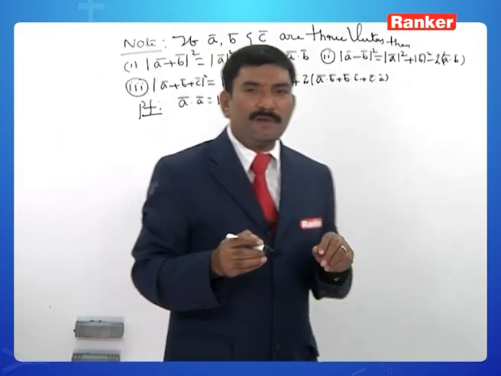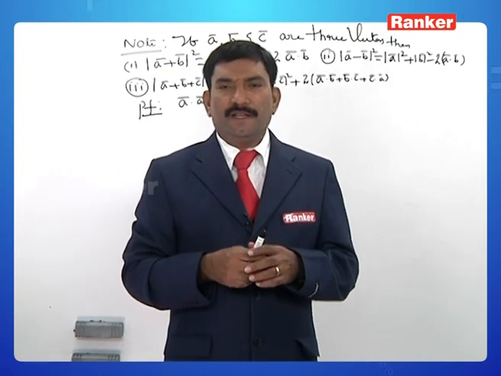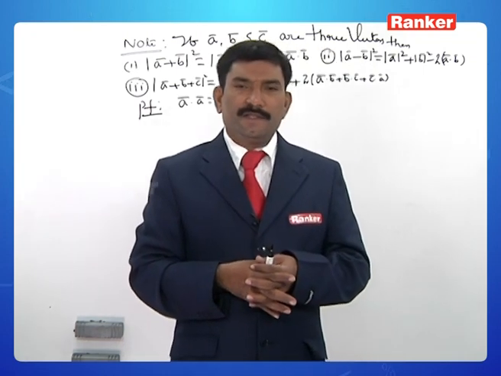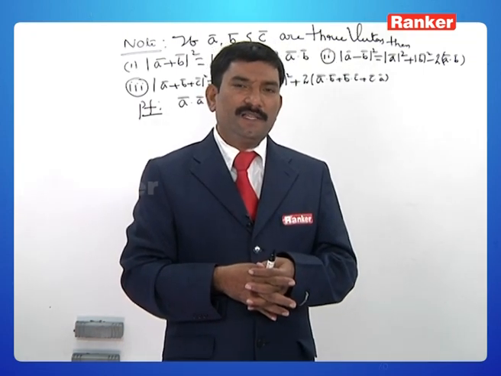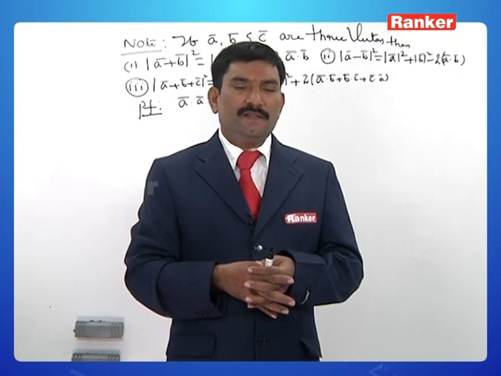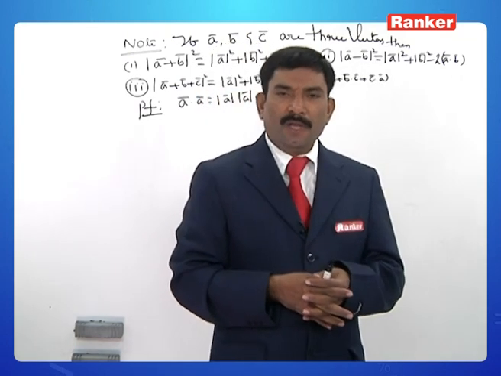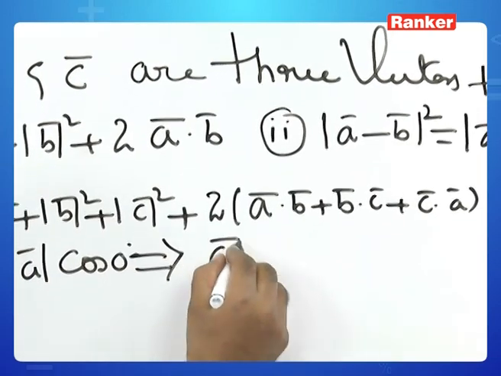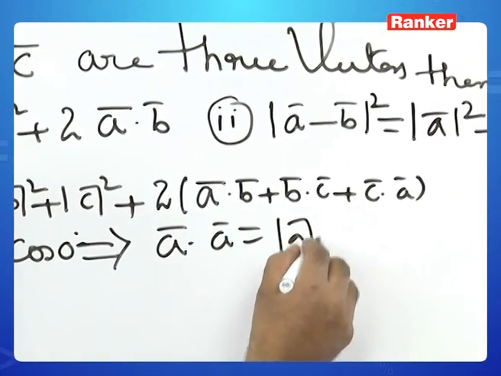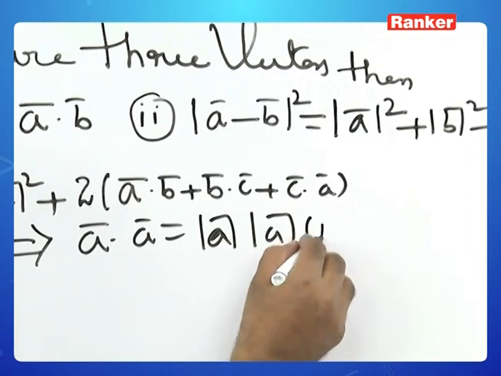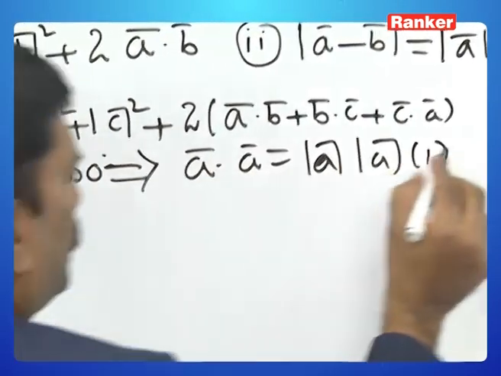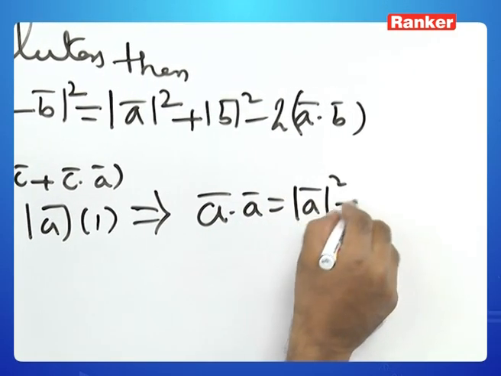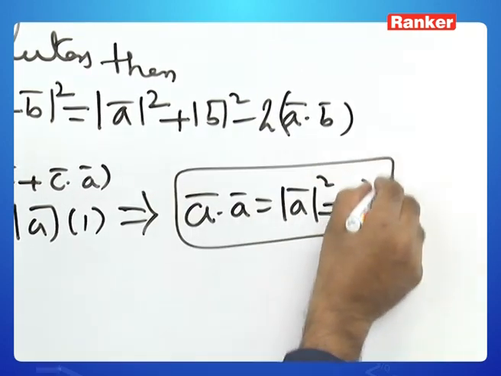The angle between the same line, a line with a line, is always 0 degrees, like the angle made by the x-axis with the x-axis. Therefore, A dot A is mod A into mod A into 1, which implies A bar dot A is equal to mod A whole square, which is equal to A bar square.